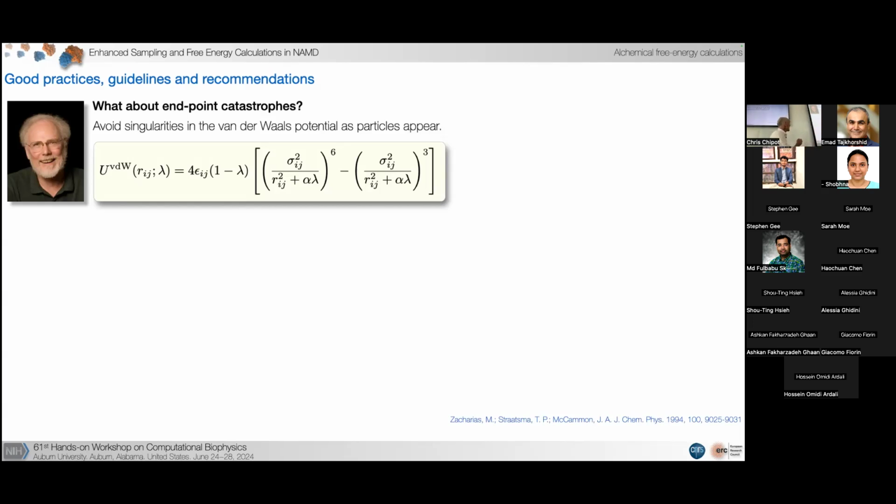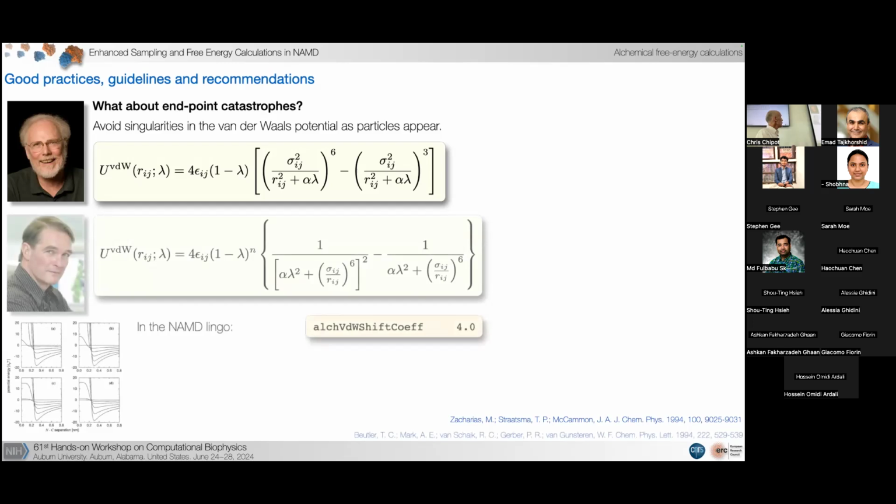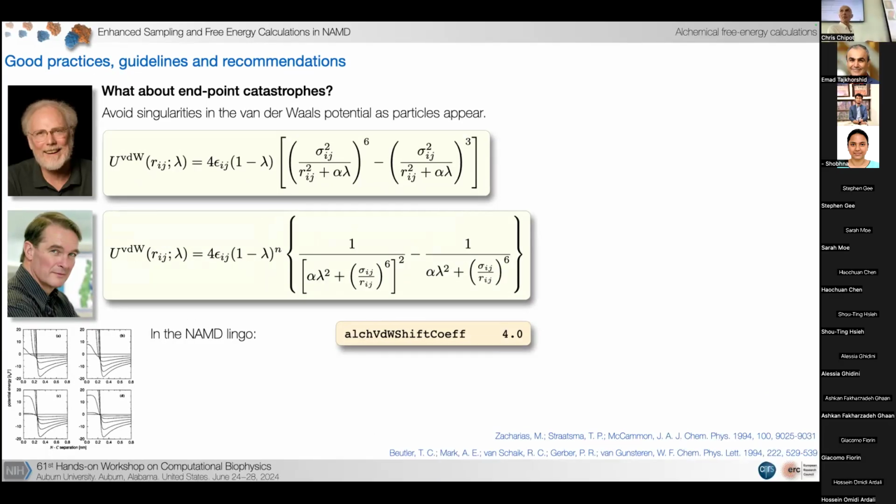So Annie McCammon, again, and Wilfried van Gunsteren proposed a rewriting of the van der Waals potential when you do free energy calculation. And you can see that it involves lambda, and it involves this parameter here, kind of a shift parameter.